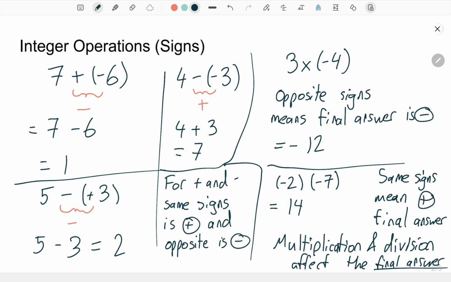Whereas addition and subtraction, when you're doing that, you're just changing the operation. And so that's the main difference between those two. And that's a quick recap of what happens with the signs for integer operations.